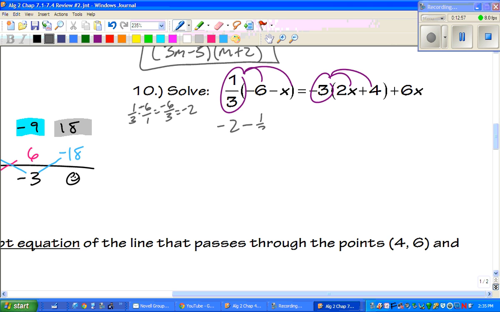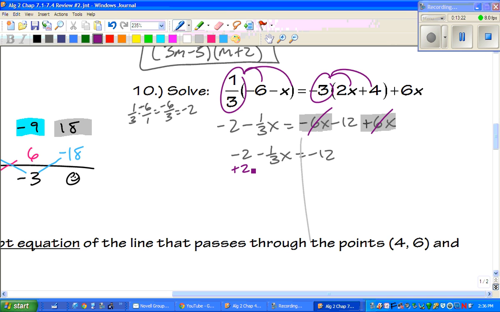Okay, minus 1/3 x equals negative 6x minus 12 plus 6x. Combine your like terms, and those actually cancel, and you're left with negative 2 minus 1/3 x equals negative 12.